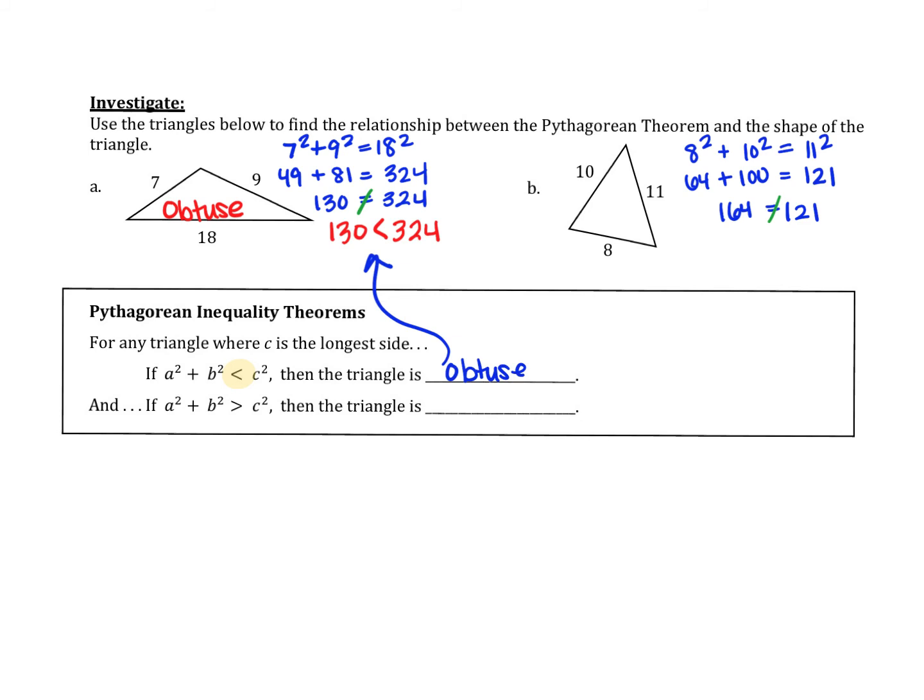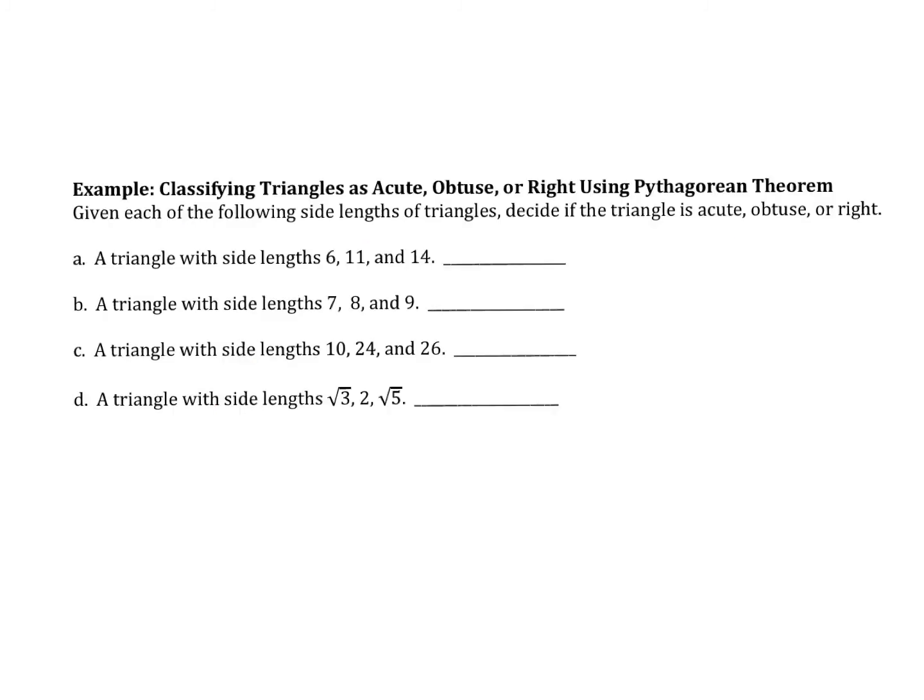And then if you look at the next one, if A squared plus B squared is greater than C squared, then the triangle is acute. So if you look over here to letter B, we have 164 is greater than 121. So that means this is an acute triangle. So let's do a couple of these on the next slide.